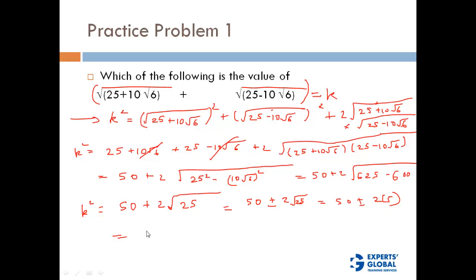Correct? So what do you get? 50 plus or minus 10, which is 60 or 40. So this is k square. We need the value of k. So we just take the square root. So we say k is equal to plus or minus root 60 or plus or minus root 40.